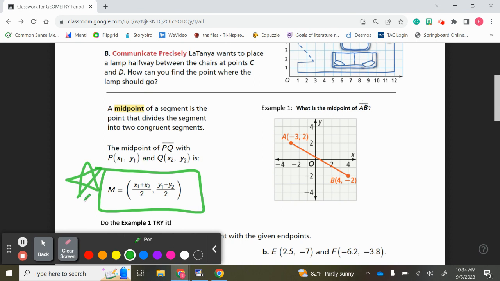You have to decide what's your first point, what's your second point. It does not matter which way you choose, just be consistent. Does that make sense? All right, so I'm going to take this as my first point. This is my second point. So this will be X1, this will be Y1, this will be X2, Y2.